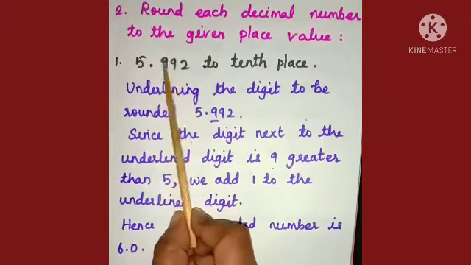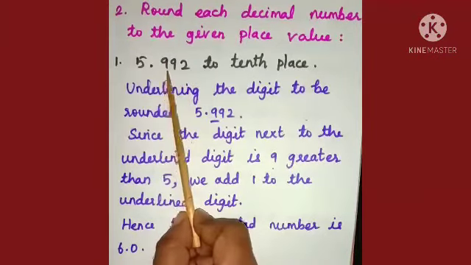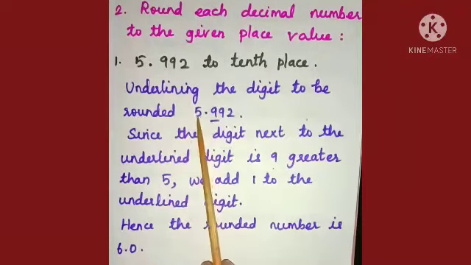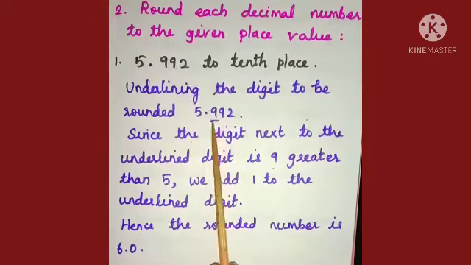10th, 100th, 1000th. So here 9. So 9 is the digit which is in the 10th place of this decimal number. So as a first step, underline the digit to be rounded. So that is 5.992. Underline the digit which is in the 10th place.